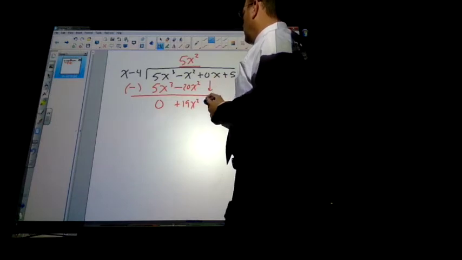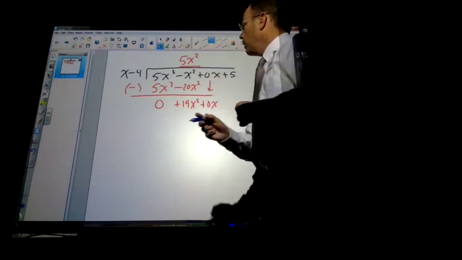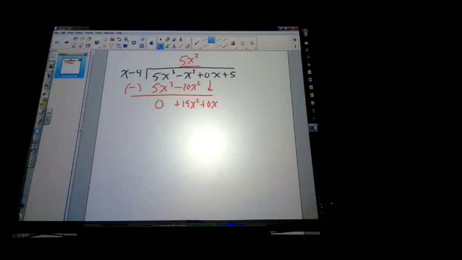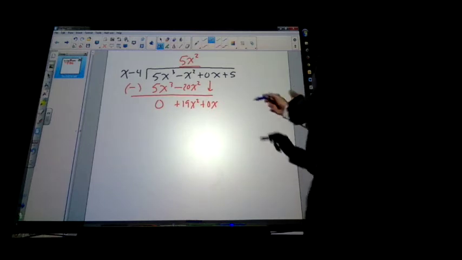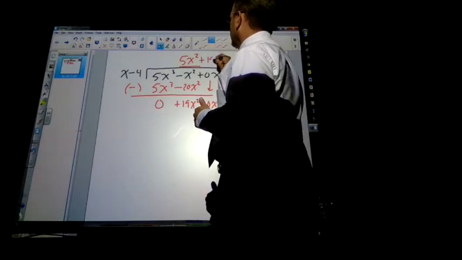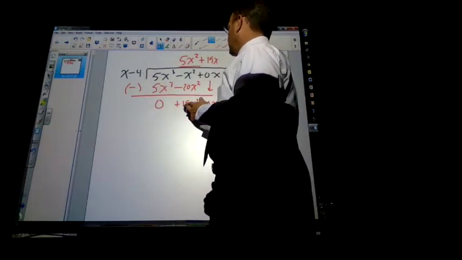I'm going to bring the 0x down. So what do I have to now multiply times x in order to get 19x squared? 19x. Good. So I'm going to go 19x times x is 19x squared.